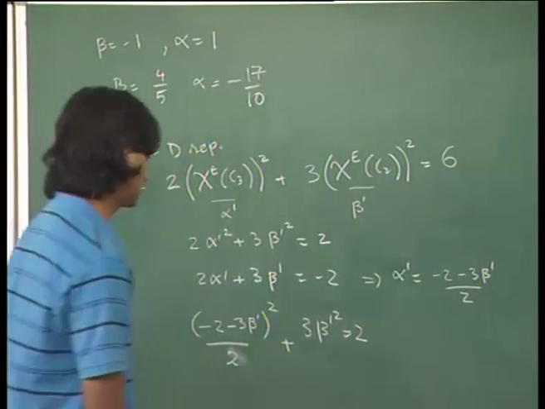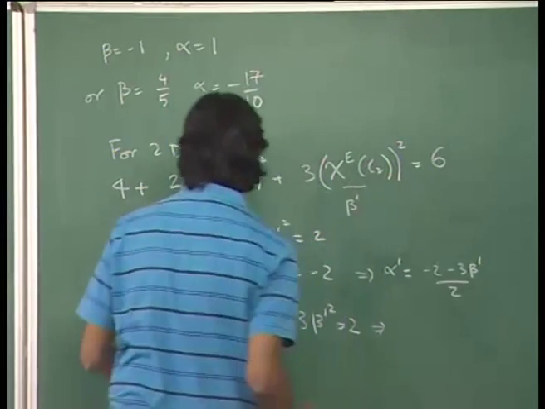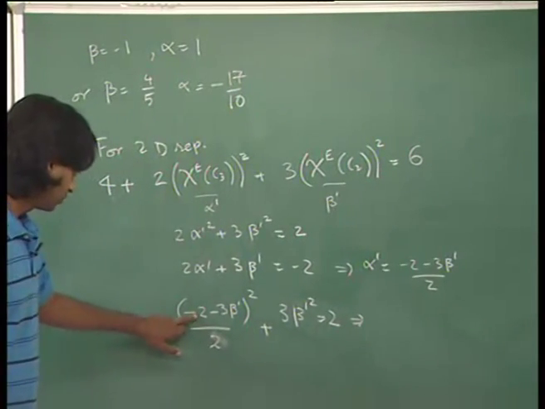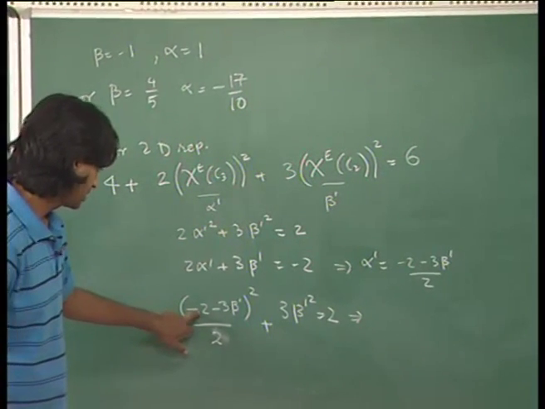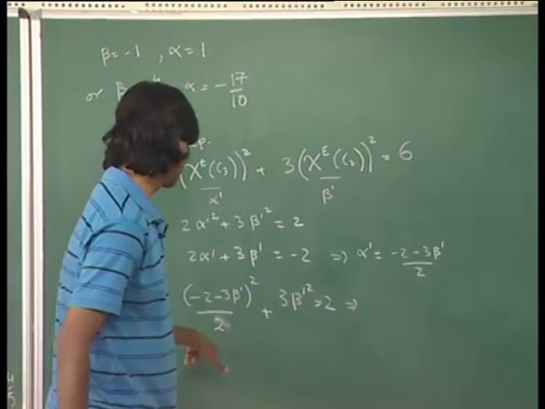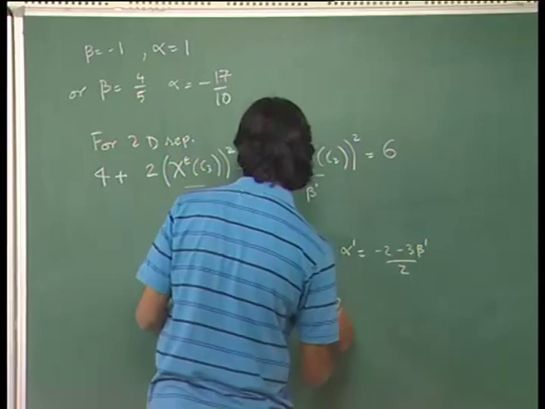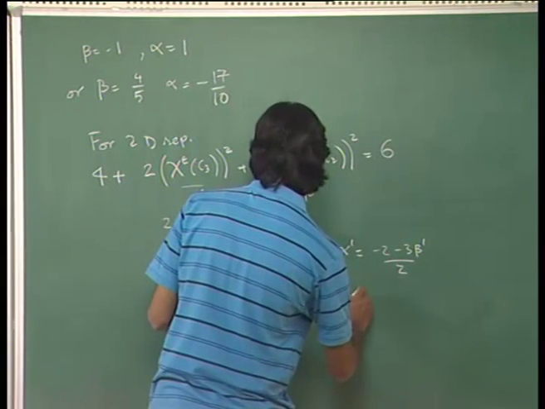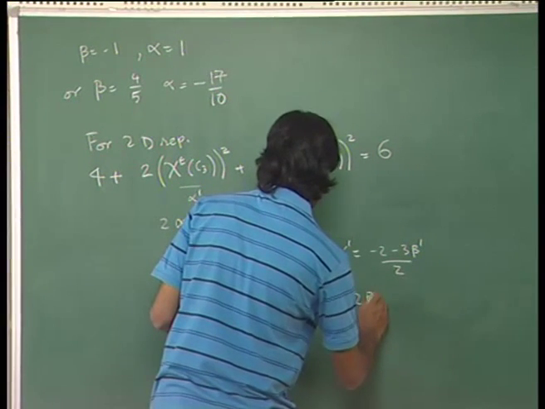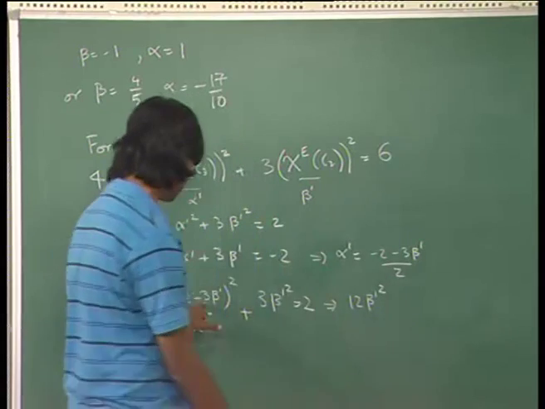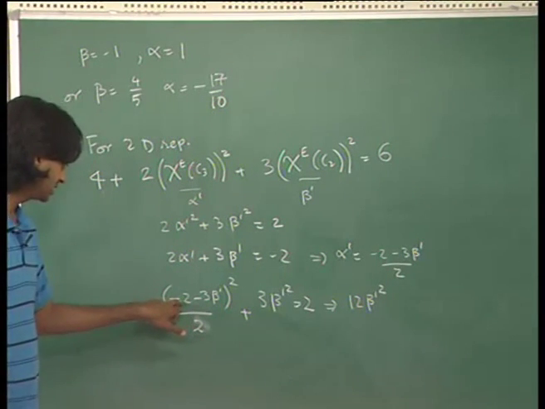So, this implies, so you have a 4, and in this case you have a 4 on the right. So, that term will give me 0. So, you will get 9 beta square plus 3 beta square, 12 beta prime square. Okay. Then you have 6 beta prime.